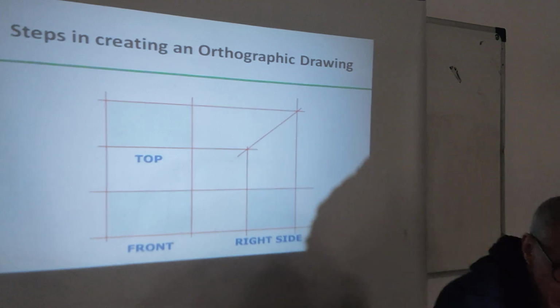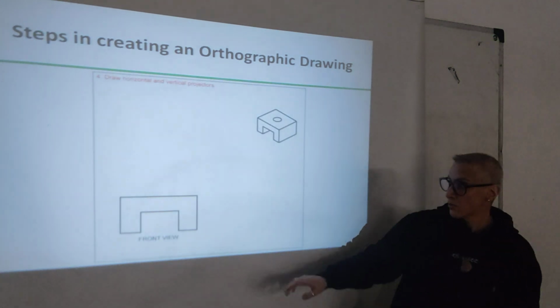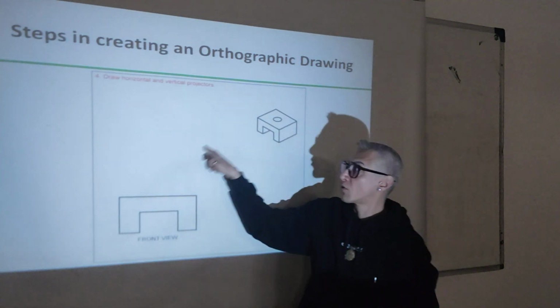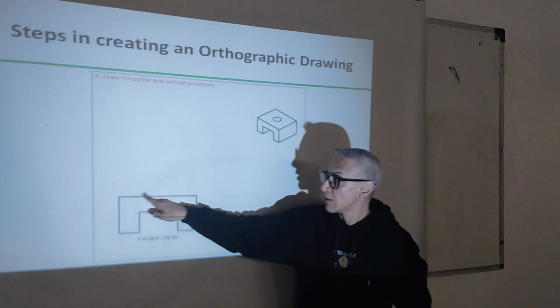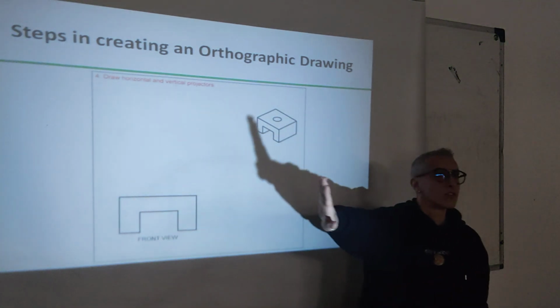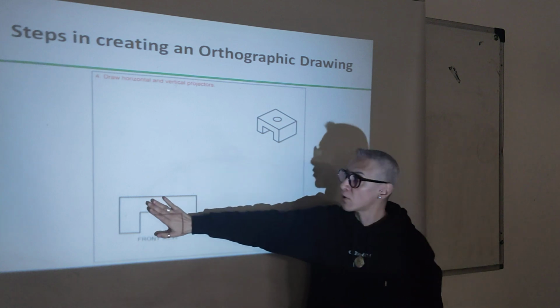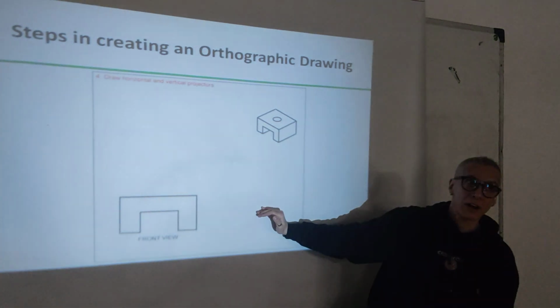Now, you always start with the front view, okay? After you draw the boxes, box here and box here, you start drawing the details according to the measurements given. You always start with the front, as I already explained before. Then you can draw the top and then the right side.